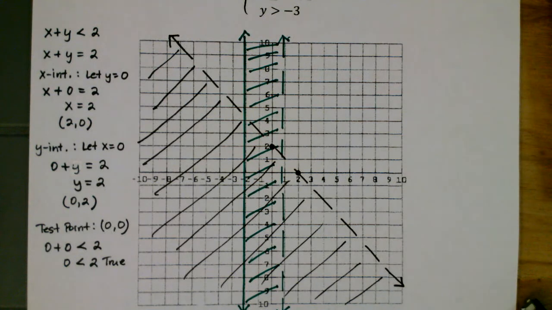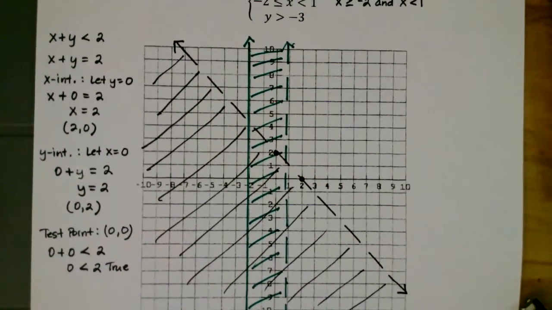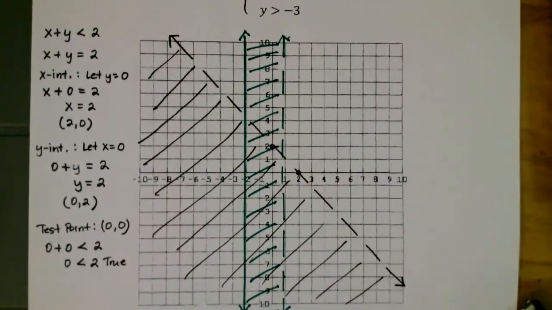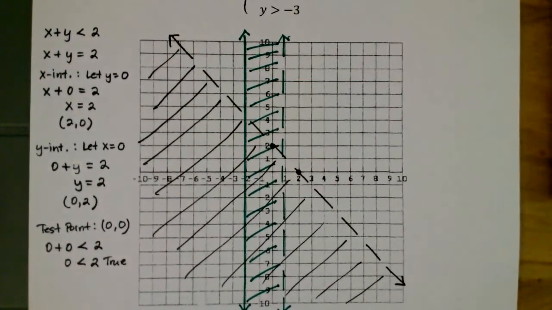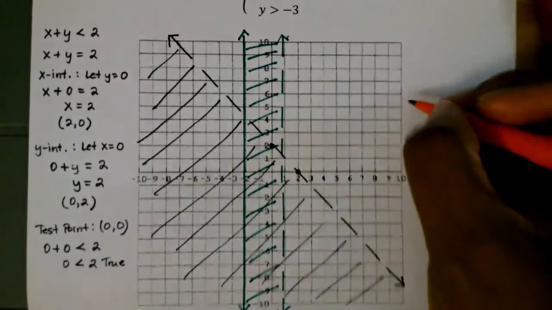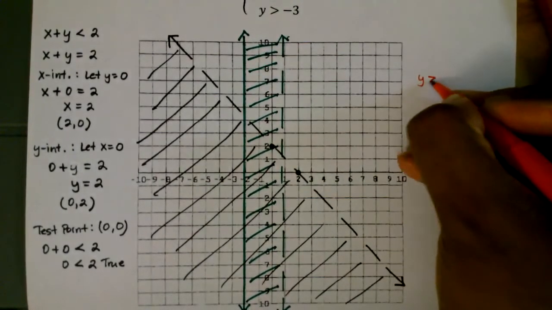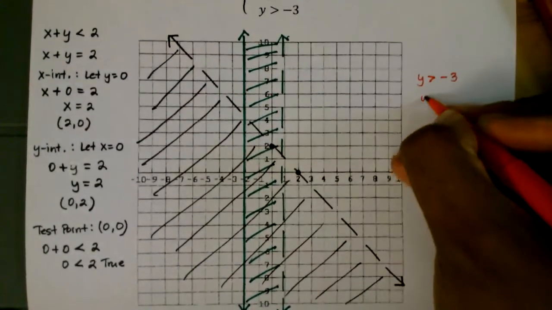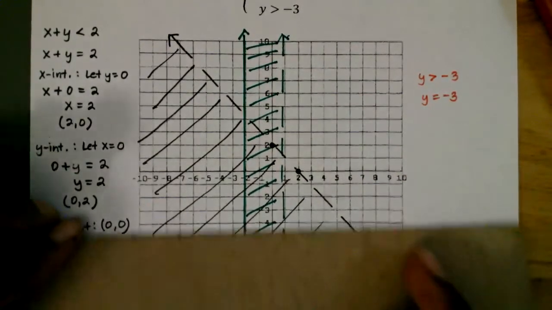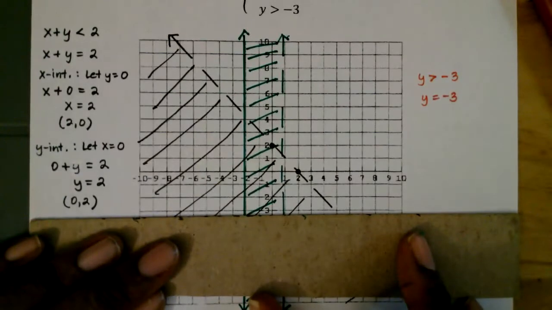And then the third one is y is greater than -3. So I'm going to graph that as if I was graphing y is equal to -3. Well, for y equals -3, that would be a horizontal line going this way at -3.